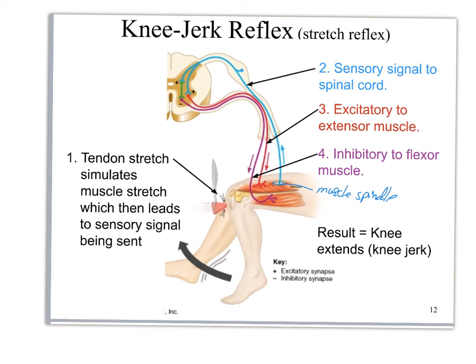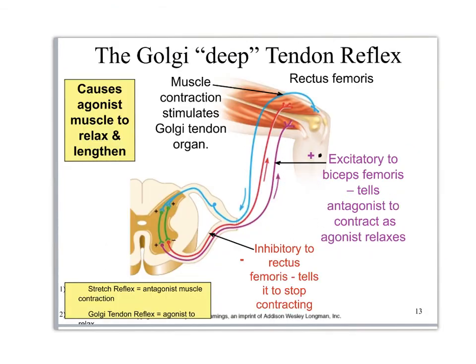All right, let's look next at the Golgi tendon reflex. When the stretch reflex is working, the Golgi tendon reflex is also working. They are complementary with the stretch reflex.